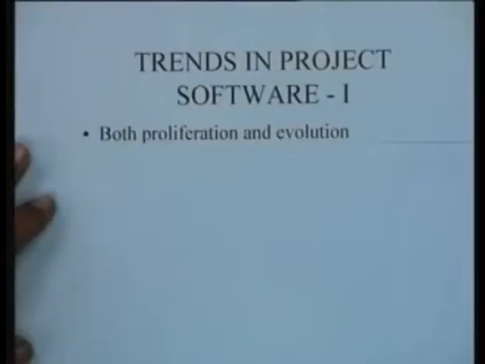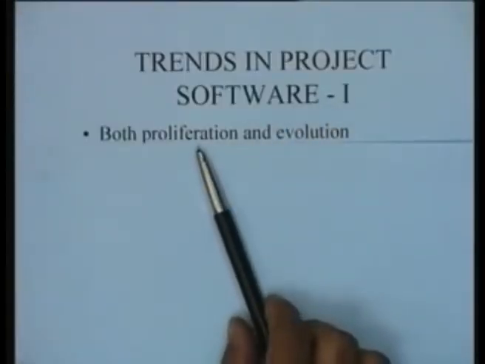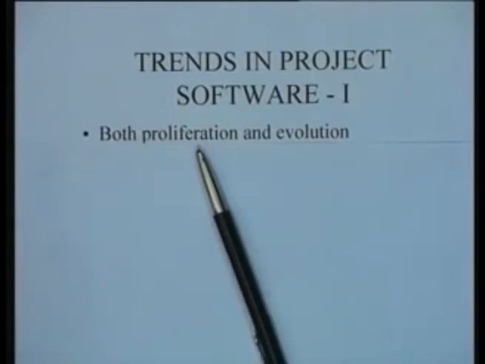Let us now try to look at some of the recent trends in computer software. What are the trends? What is happening? Historically, what has happened and what is the current status in terms of the trends? I think it is perhaps right to say that there is both a proliferation and an evolution in software.